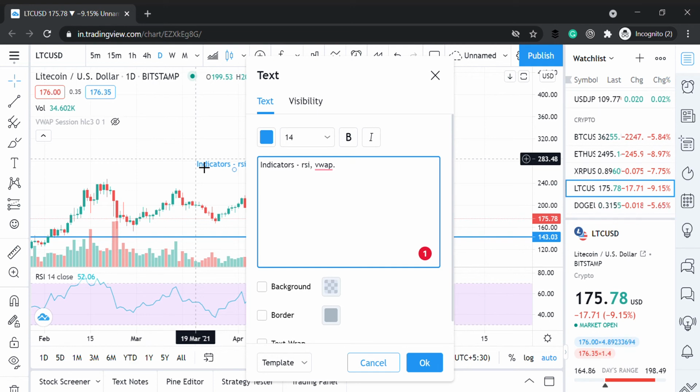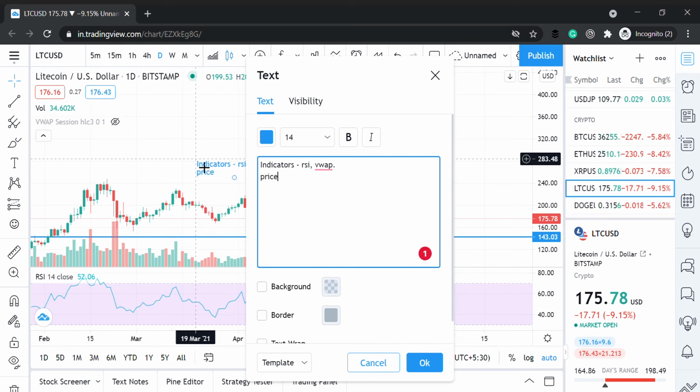So we generally use only a couple of indicators that are best for us. So always try to learn, let's say 4 or 5 or even 10 indicators, but always use only 2 or 3 maximum.